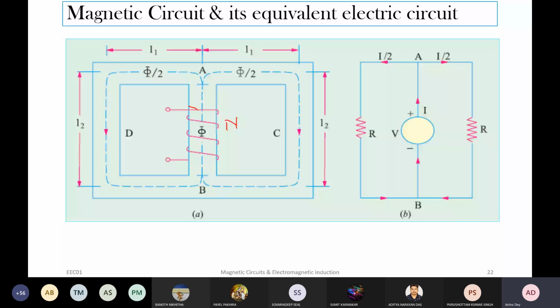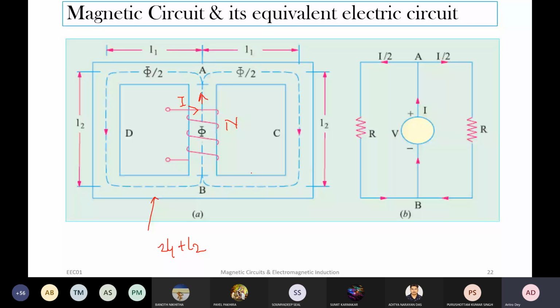MMF is equal to n into I due to this coil, and that will develop a flux phi, as shown here, and that will be divided into two parts, equally distributed if you have the same magnetic material, because this length is L1 plus L2 plus L1. So 2L1 plus L2 is one path. Here also 2L1 plus L2. So the total length for this path is 2L1 plus L2.